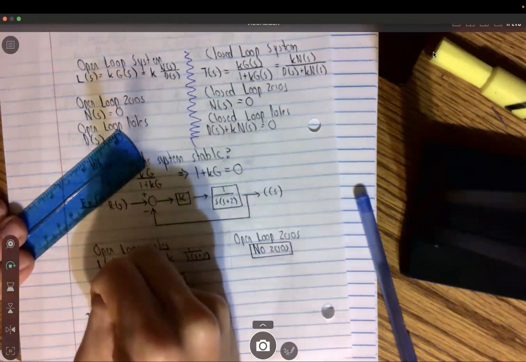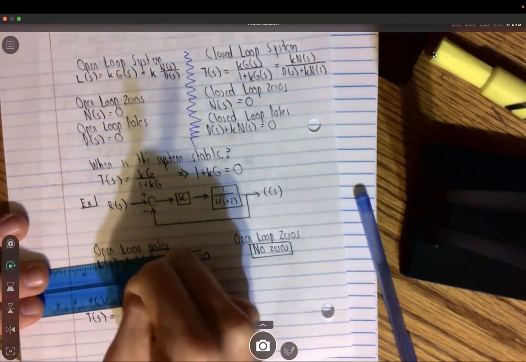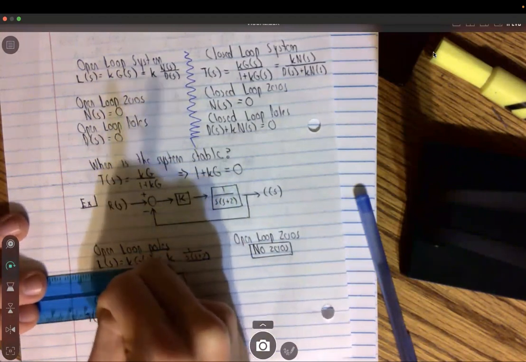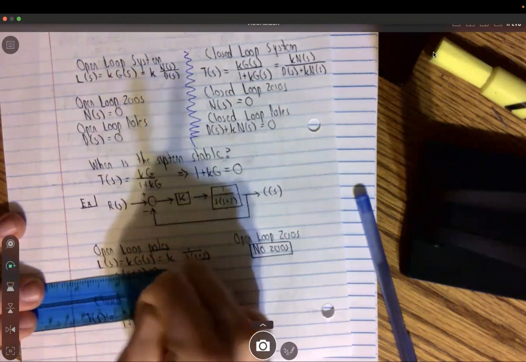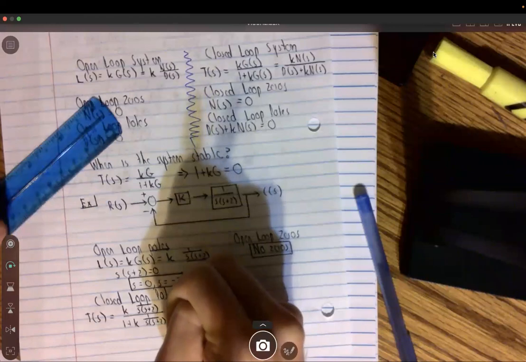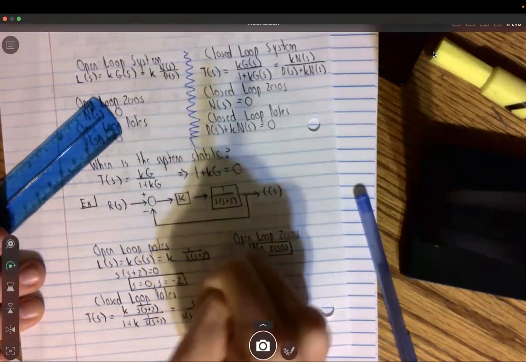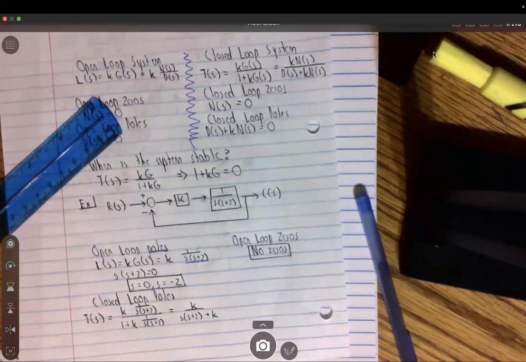It's going to be k times g of s, where g of s is 1 over s times s plus 2, all over 1 plus k times g of s, 1 over s times s plus 2. Now you're going to get k all over s times s plus 2 plus k. And so that's going to be your transfer function.